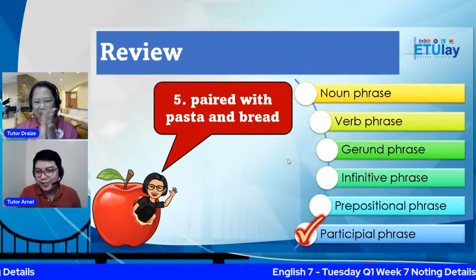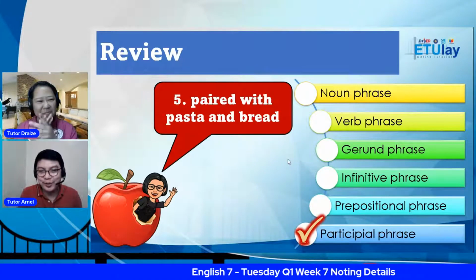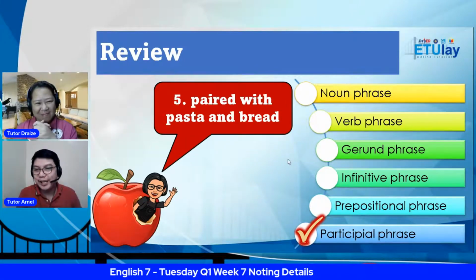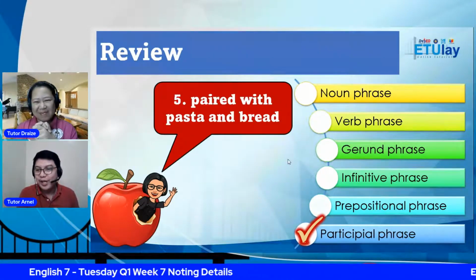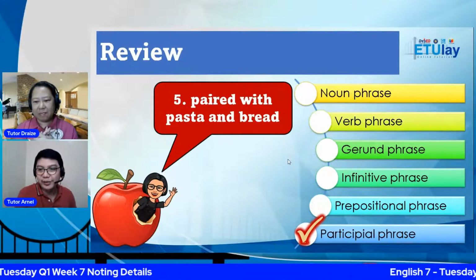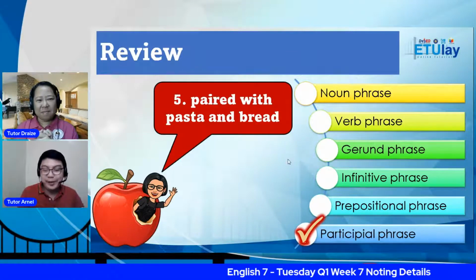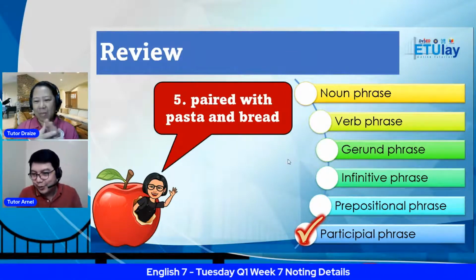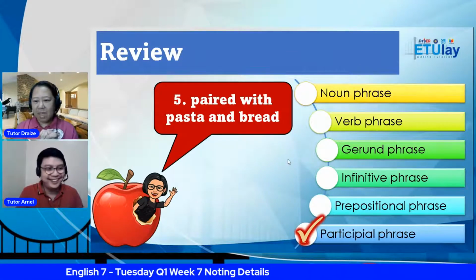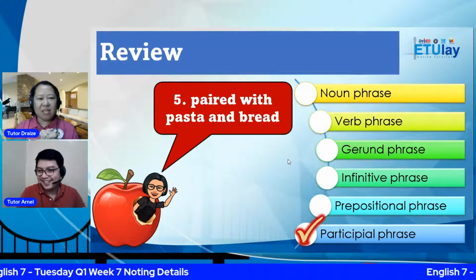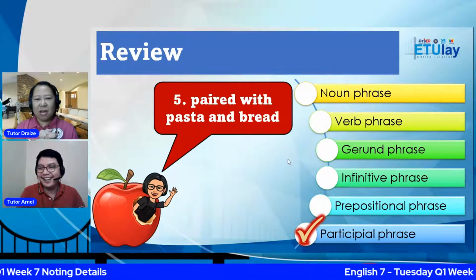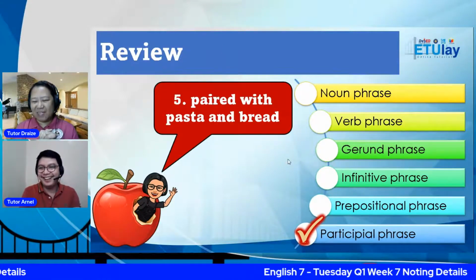Wow, congratulations, students. Just like what Tutor Drazel is telling us, for those who got a perfect score for our review, you have to send us a heart react. So let's make this comment section red by sending heart reacts for those who got perfect scores. Yes, let's celebrate Valentine's in October. So let's have a lot of hearts.